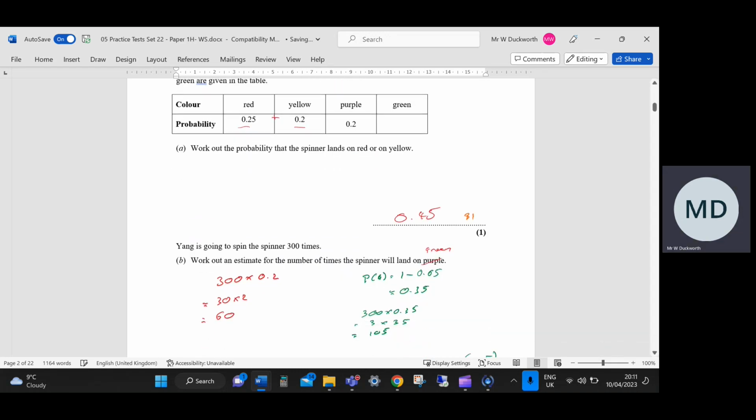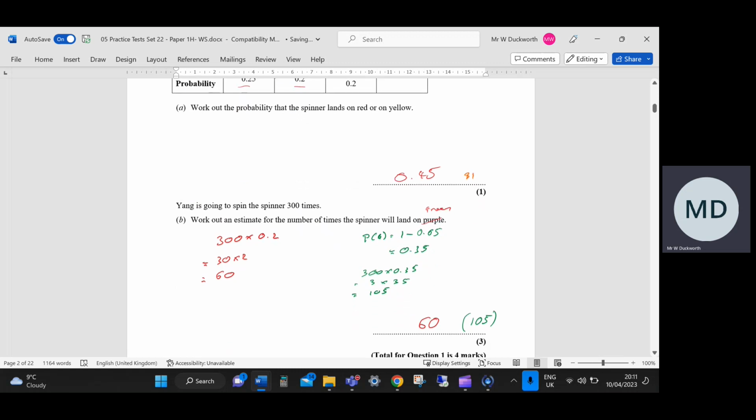And for here, I'm going to do it via the green first of all, because that's what they've got the actual marks awarded for. M1, allowing use of their 0.45 from part A, for a complete method. So arguably we've got M1, and then A1.